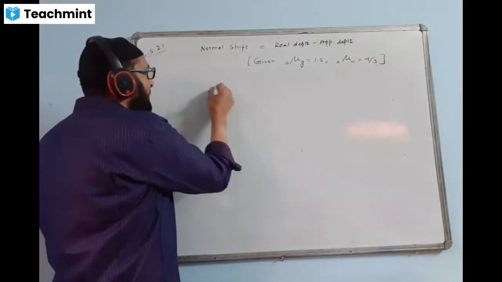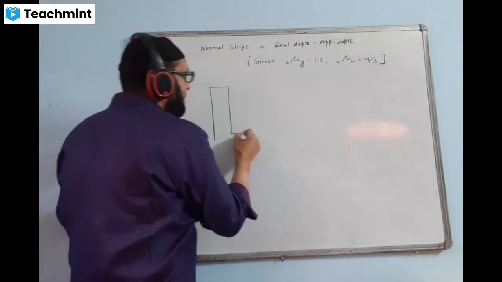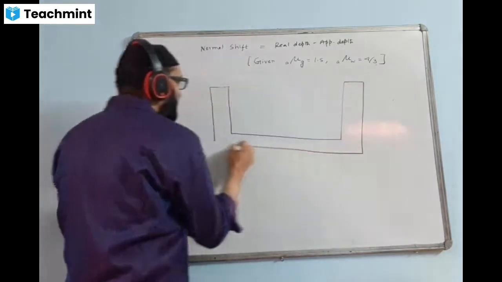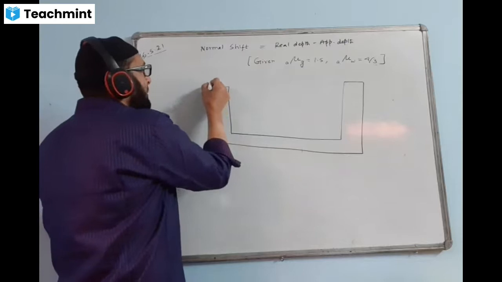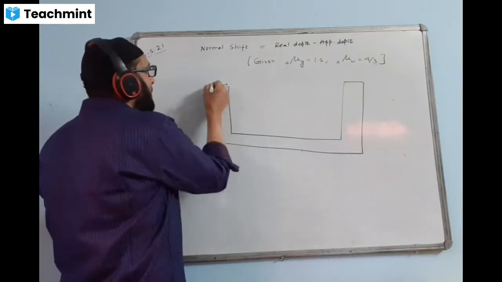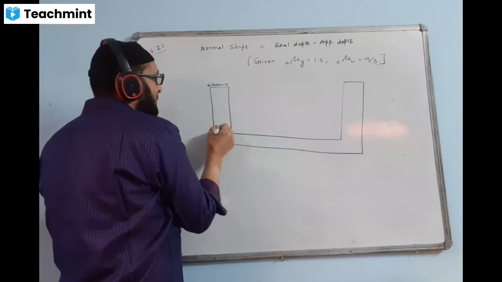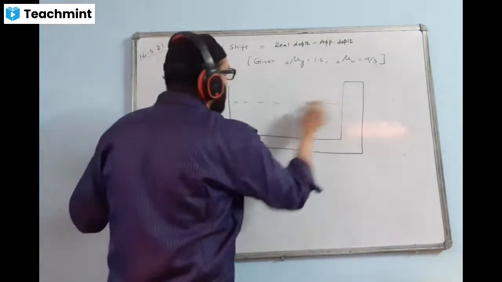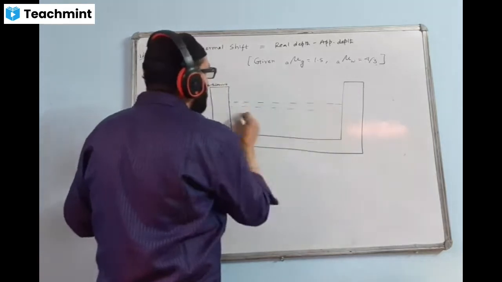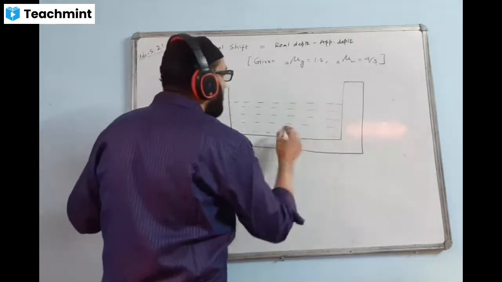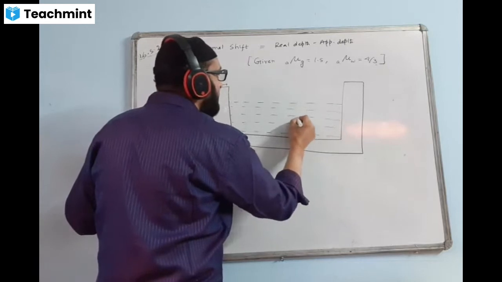I'll draw the figure here. There is a fish tank shown like this. This is 2 centimeters. This is the glass wall, glass wall everywhere. Here is water, and here is the fish.